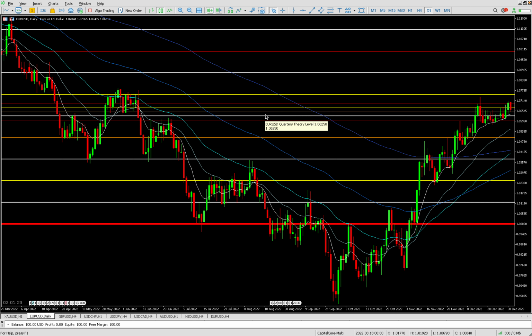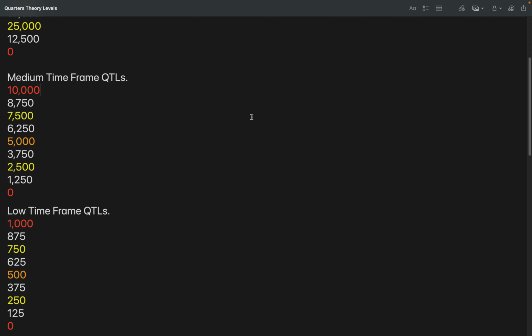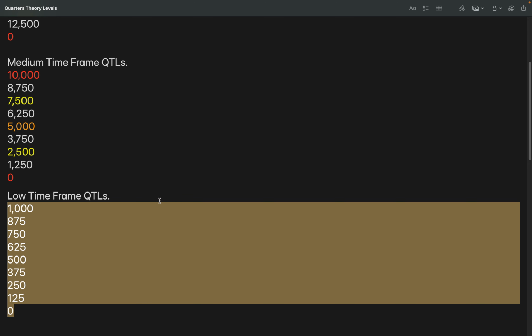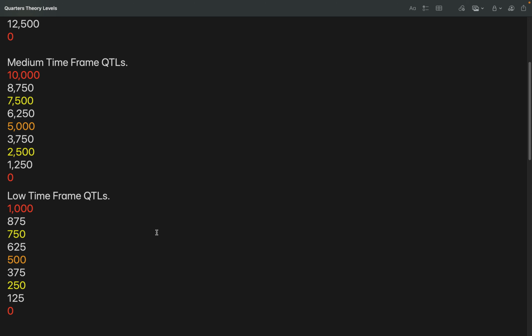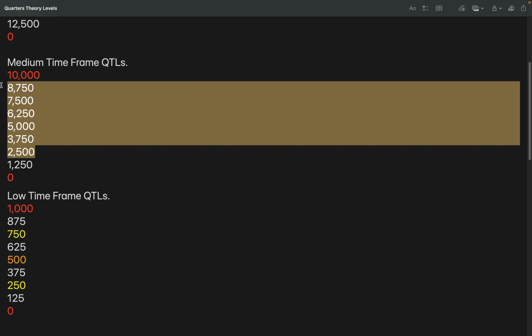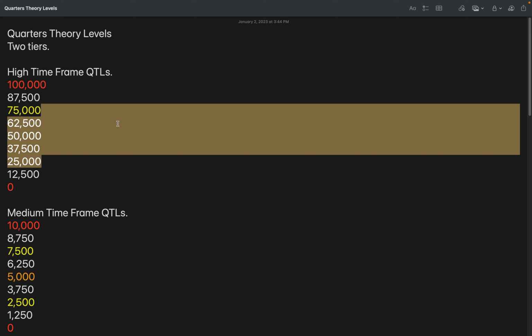Once you memorize these levels, these are the numbers that you need to memorize. Once you have those memorized, then you will know these, and you'll know these.